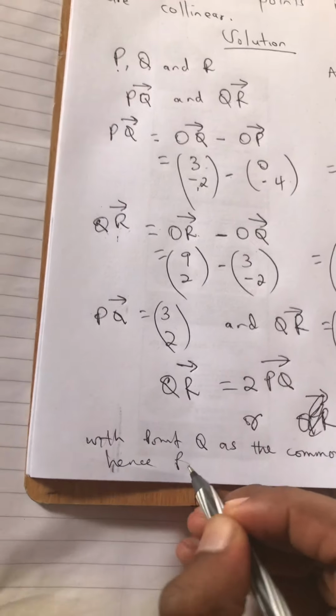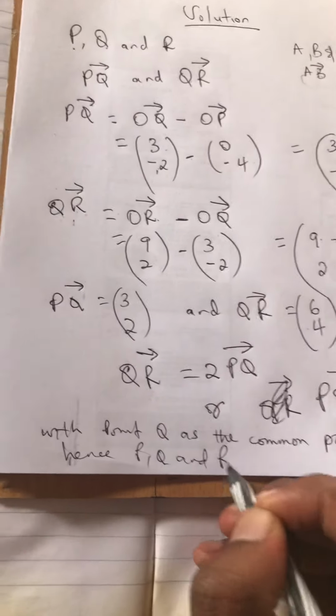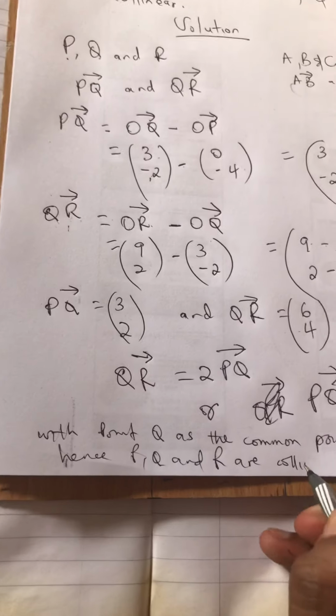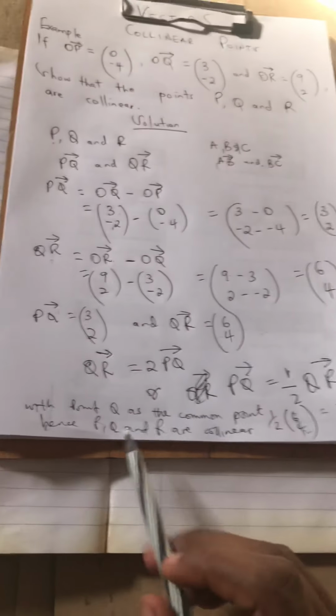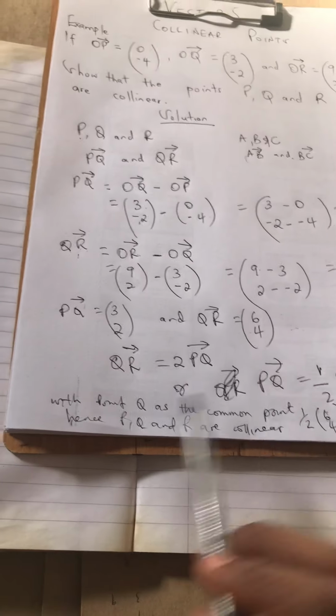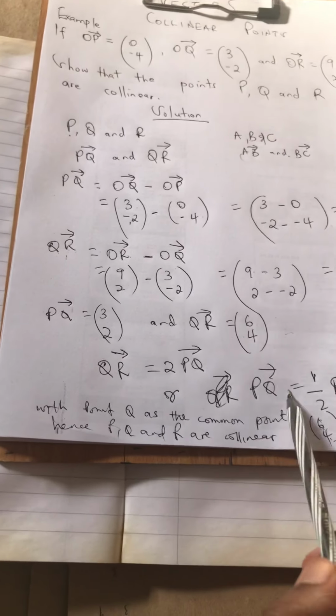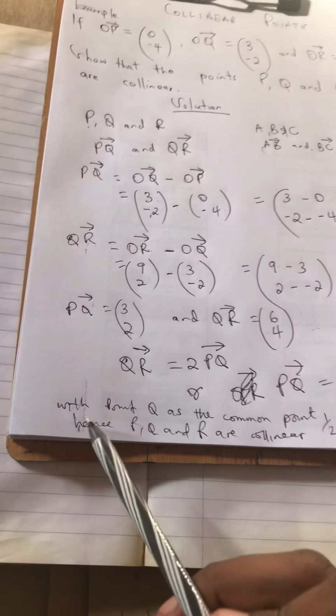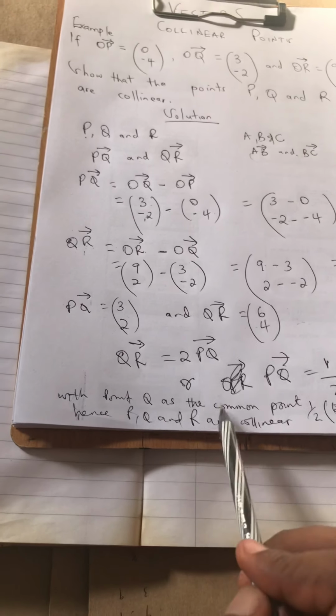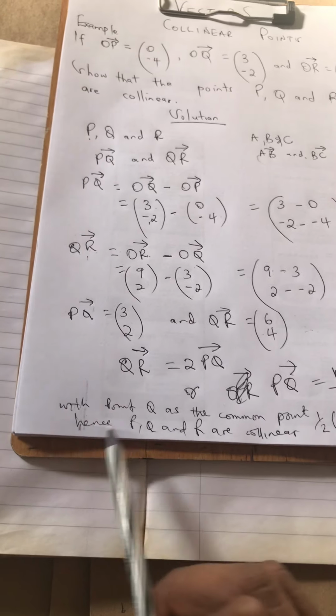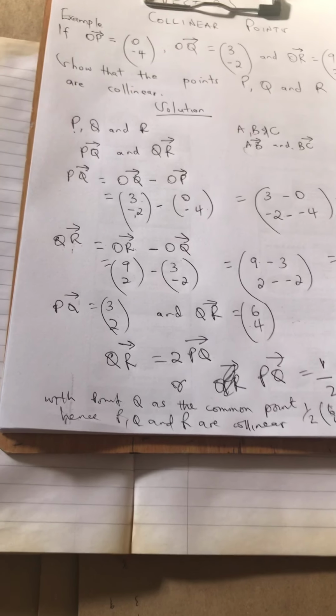Hence, P, Q, and R are collinear. So always lazima useme hizi maneno with point Q. Once you have shown this, QR is equals to 2PQ or PQ is equals to half QR, continue by saying with point Q as the common point. Hence, P, Q and R are collinear.